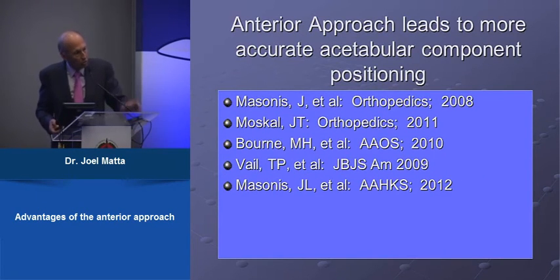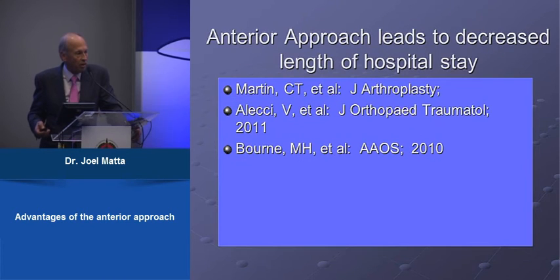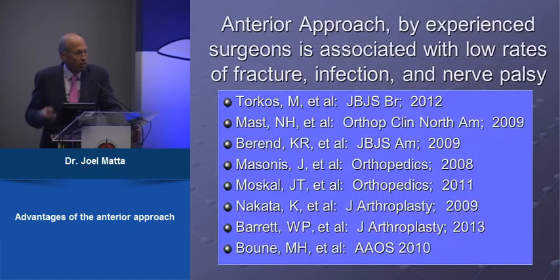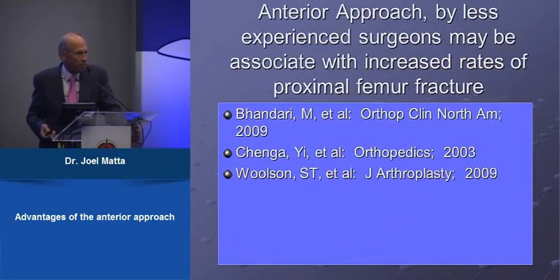It leads to more accurate acetabular component positioning. I think this is important also in dislocation and wear, supported by several studies. It leads to a decreased length of hospital stay. Anterior approach by experienced surgeons has low complication rates. However, by less experienced surgeons it may be associated with increased rates of proximal femur fracture.